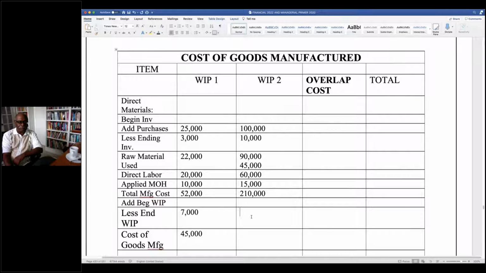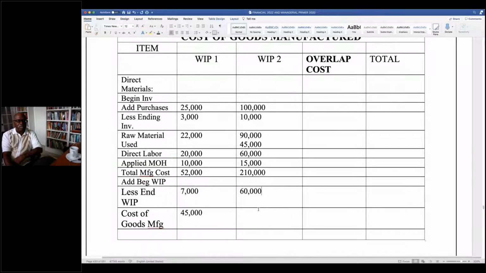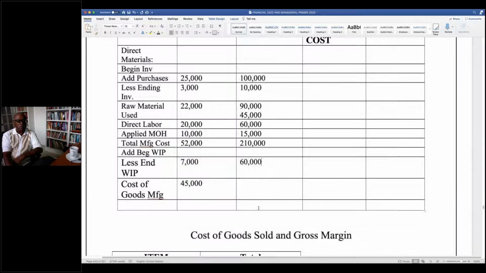Ending inventory? 60,000. So what's the cost of goods manufactured? 150,000.